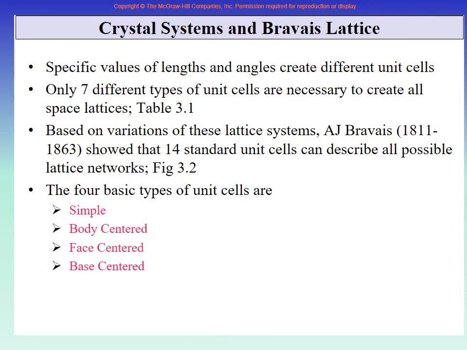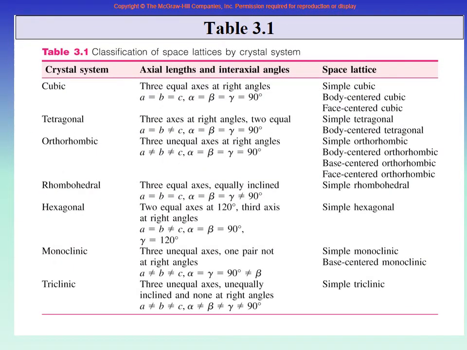Then we told you that there are crystal systems and there are Bravais lattices named after the scientist Bravais, and the basic types are simple, body centered, face centered, and base centered. And then we showed you that cubic, tetragonal, orthorhombic, rhombohedral, hexagonal, monoclinic, and triclinic are the different possible systems.